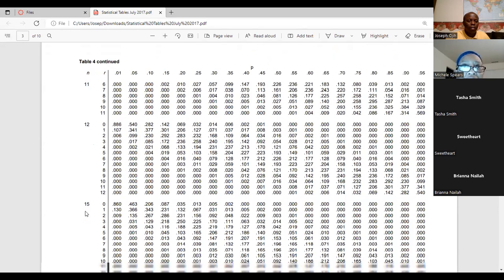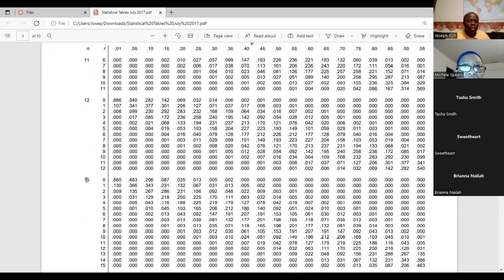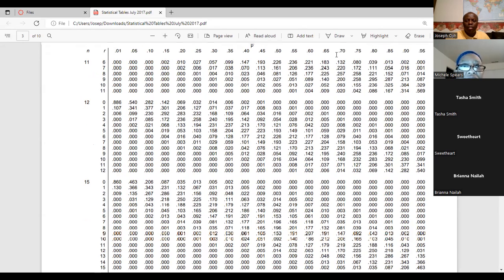you can see 15, right? Can you? Yes. And our x is 10. I see this r, so it's 10. You can see the 10 right here, and our p is 0.7, right?